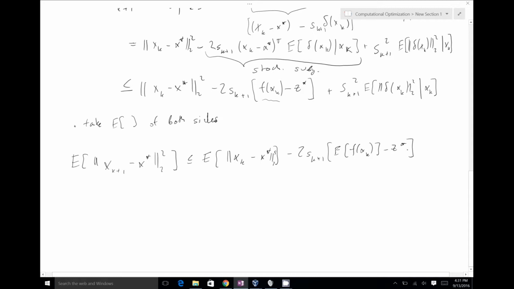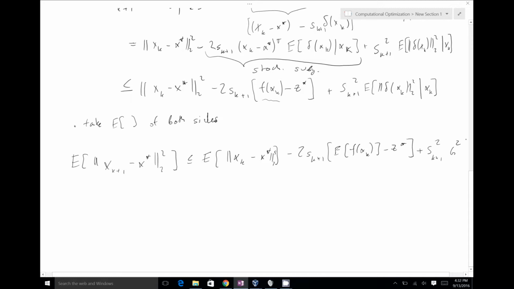So this norm of the delta squared, do I have a bound on that? That was one of our assumptions, right? So that was less than g squared. So I'm going to apply my bound here. It's an expectation, but I know all those numbers are less than g squared, so I can upper bound it by g squared. So what I'm going to write here is plus sk plus 1 squared times g squared.